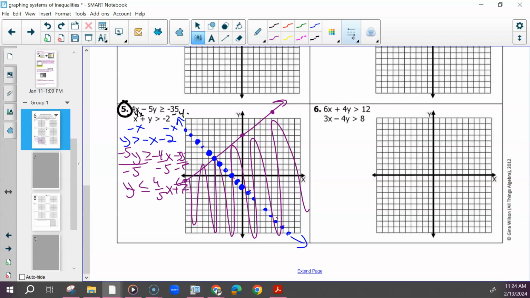If it's greater than, would that be shaded above or below? Above. Above. Oh, okay.